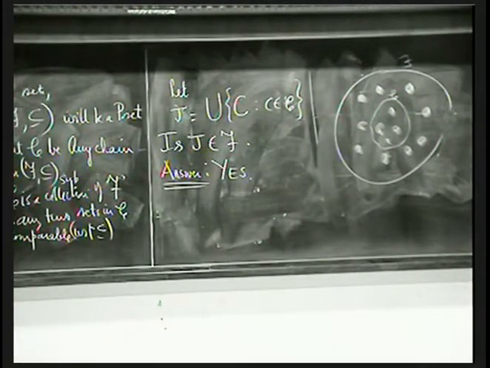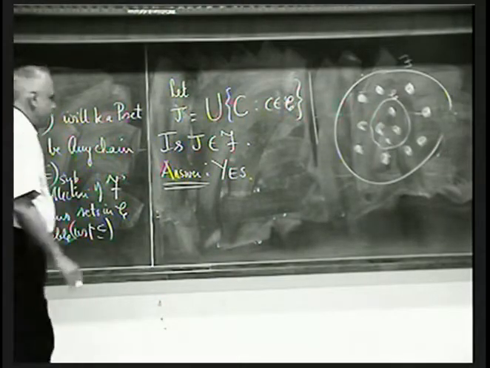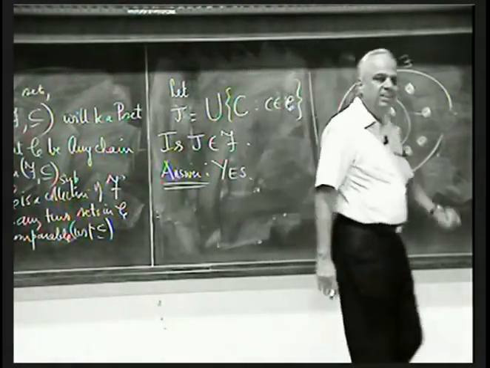If you have a family of finite character, it becomes a partially ordered set. In that partially ordered set, you take any chain, then the union of all those fellows in the chain is also in. Is that clear?